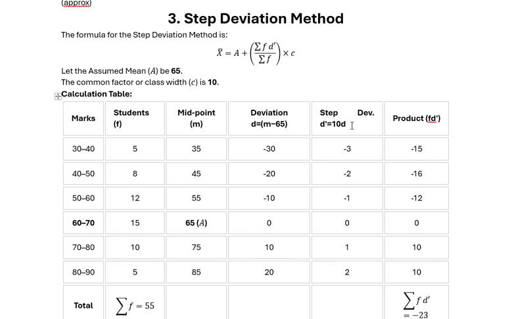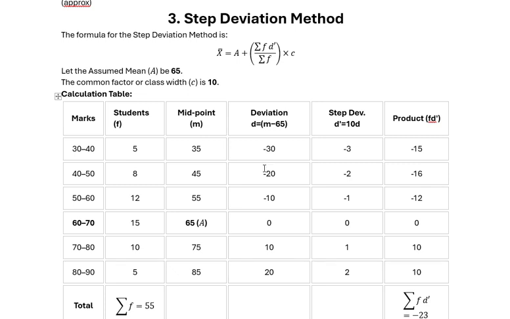Now, the step deviation we were talking about. Step deviation means we are going to divide these deviations by the common difference. As per our question, we have kept the common difference as 10. So minus 30 divided by 10 will come as minus 3.